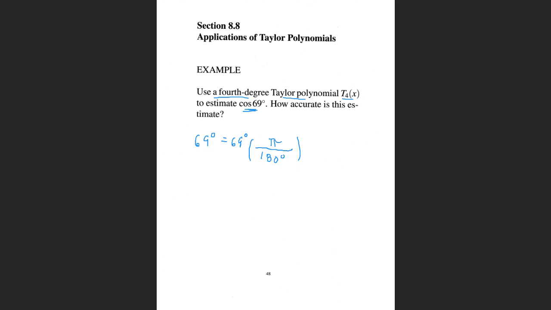That's right, Nathaniel. Very good. So you're going to get 69 pi divided by 180, and that's going to be 23 pi over 60. All right, so anytime you're going to use a Taylor polynomial to estimate a sine or a cosine, you have to have your degrees in radians. You have to convert to radians.